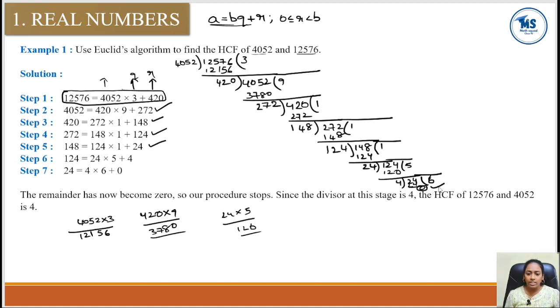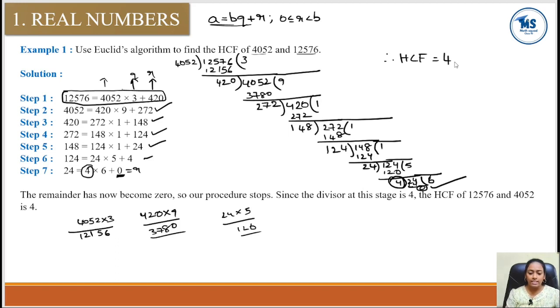Finally, the remainder is 0. So the last step is 24 = 4 × 6 + 0. The remainder is 0, so the divisor in this last step is 4, which is the HCF of the given two numbers. Therefore, the HCF of the given two numbers is 4.